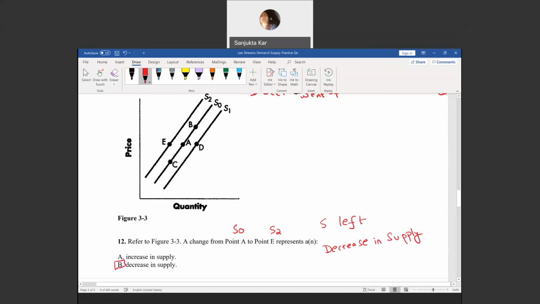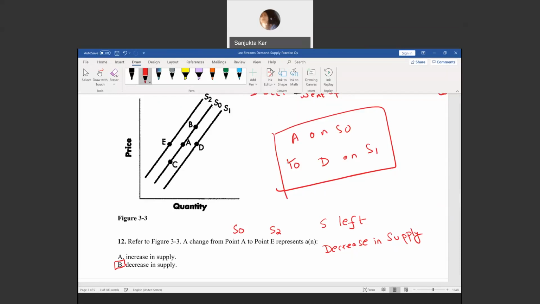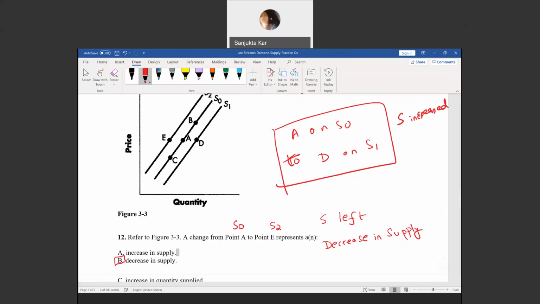If we move from point A to point D instead, say we move from point A on S0 to point D on S1, this is not the question here, but this might be a case. We would say the supply has increased, or there is an increase in supply. Okay.